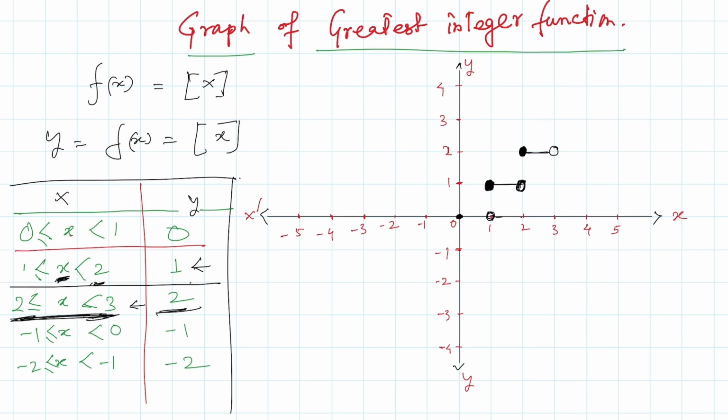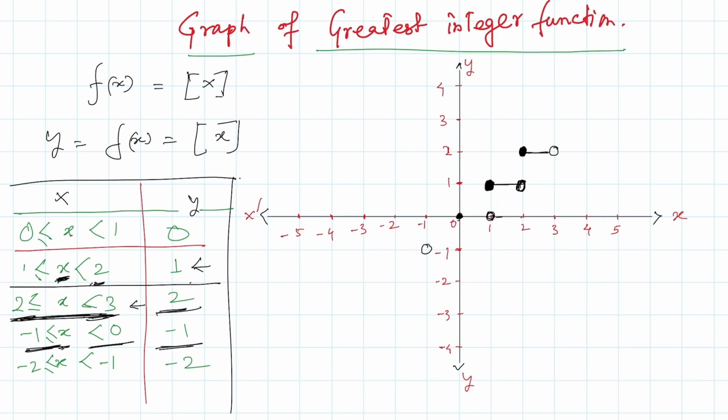Similarly, when x is greater than or equal to minus 1 and less than 0, in that case y is minus 1. So if the y value is minus 1, then move downward, and minus 1 is included.